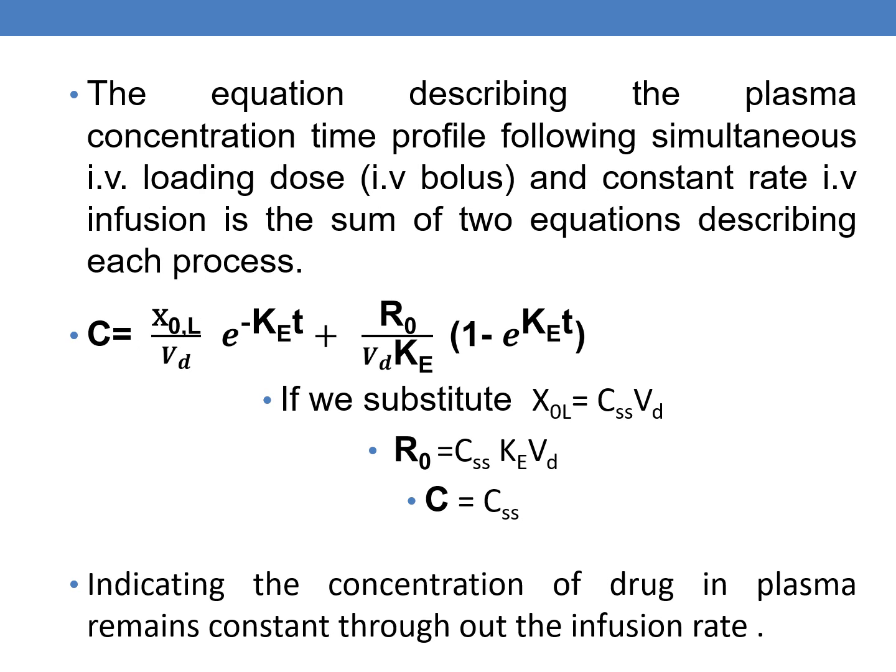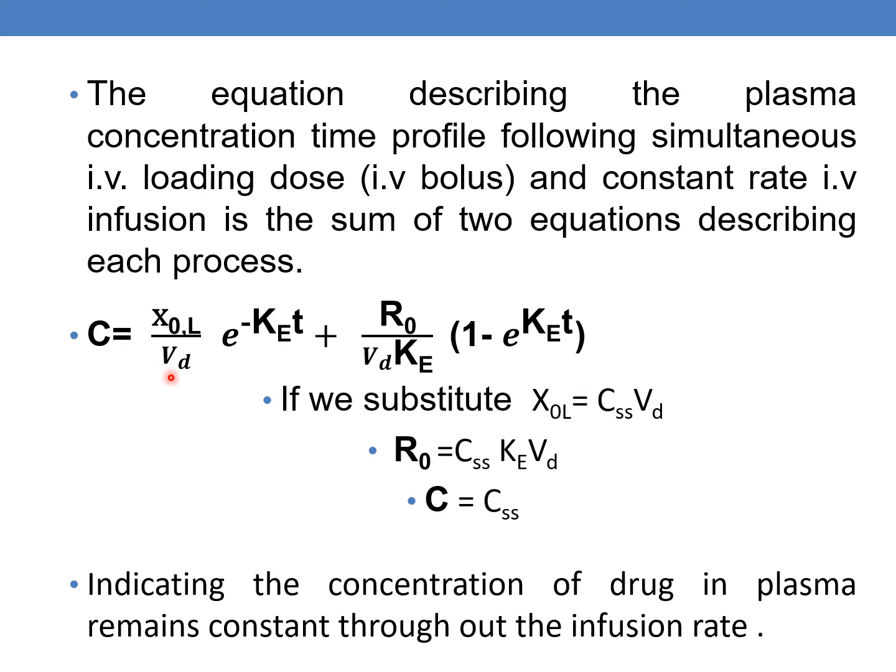The equation describing the plasma concentration time profile following simultaneous IV loading dose, that is nothing but IV bolus, and constant rate IV infusion. So here we'll discuss a case where both IV bolus, that is loading dose, and infusion rate are given. In such cases, plasma concentration C is the sum of those two equations.